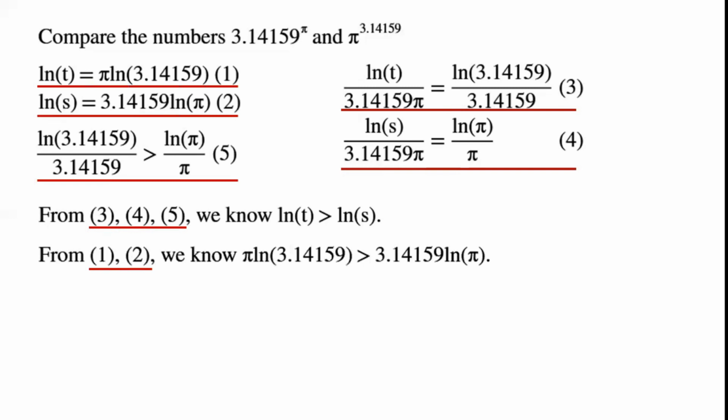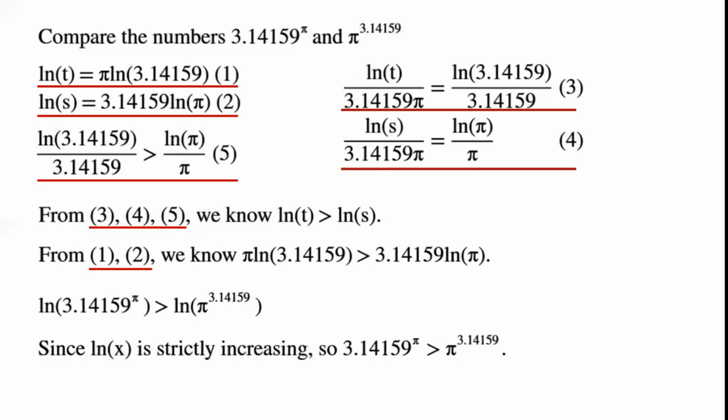From equations 1 and 2, we know that pi times ln of 3.14159 is greater than 3.14159 times ln pi. ln of 3.14159 to the power of pi is greater than ln of pi to the power of 3.14159.